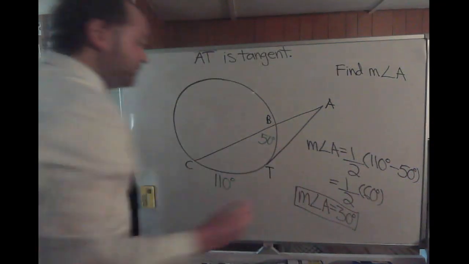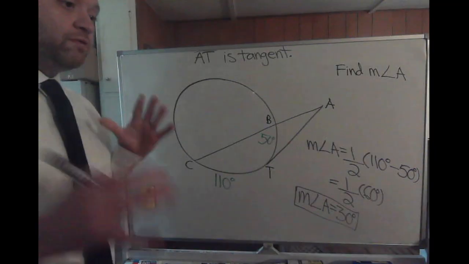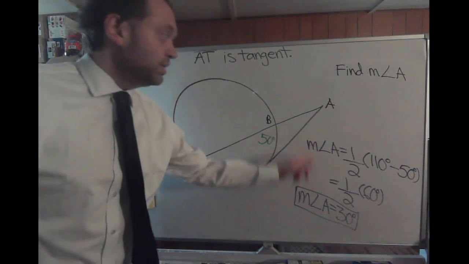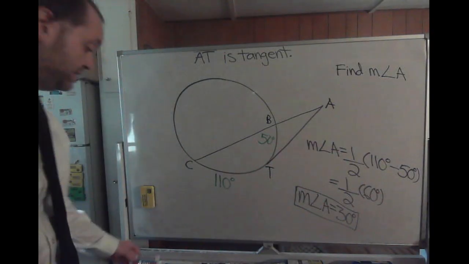So when you apply the formula for an angle formed by a secant and a tangent line, the measure of angle A would be 30 degrees.